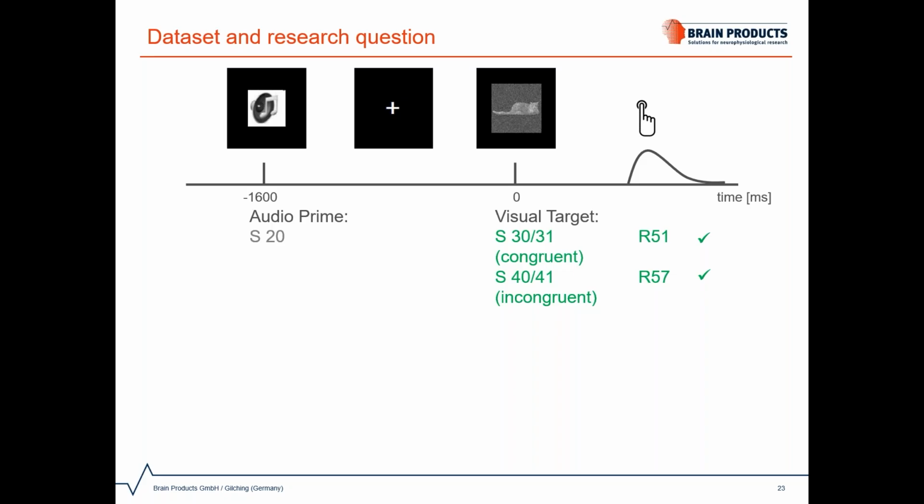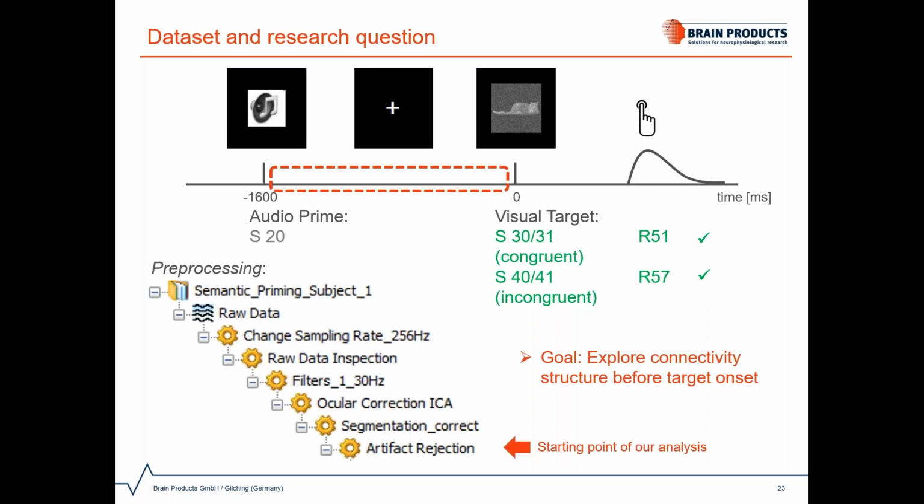In such a task, we might expect that top-down cognitive control areas in the frontal lobe functionally connect to other task-relevant brain regions. For our example analysis, let's hypothesize that in anticipation of the task and the upcoming stimulus, such anterior-posterior networks might be established already in the time interval preceding the target.